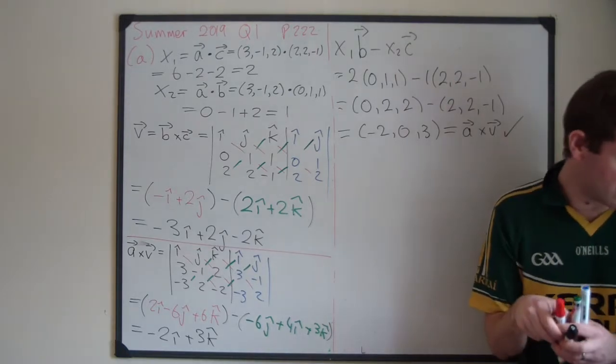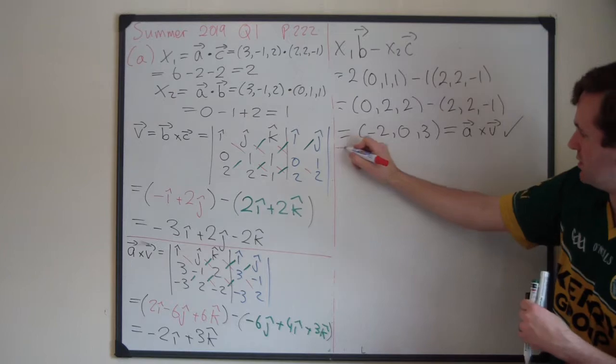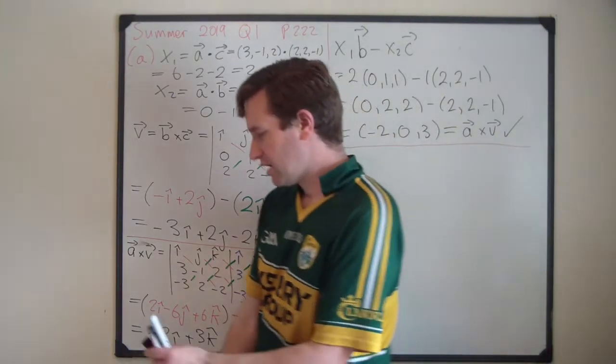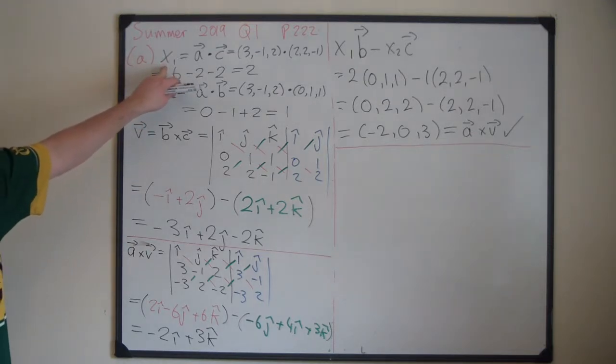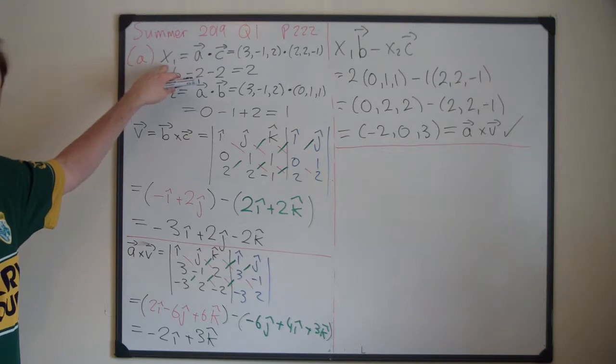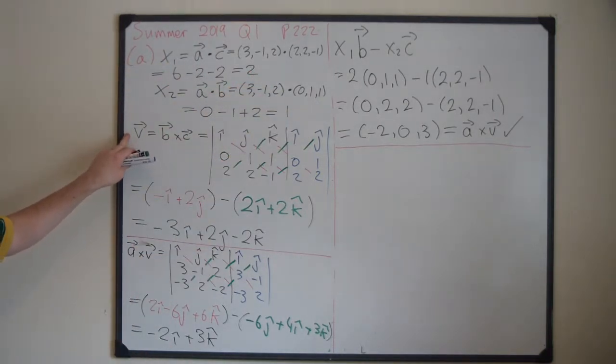So the investigation was to investigate whether or not they were equal, and we found that they were. Okay, does the answer make sense? In terms of things making sense, x1 is said to be a scalar. It has to be a number. It is. V is a vector. So here I have the arrow on it. That's in the question as well.